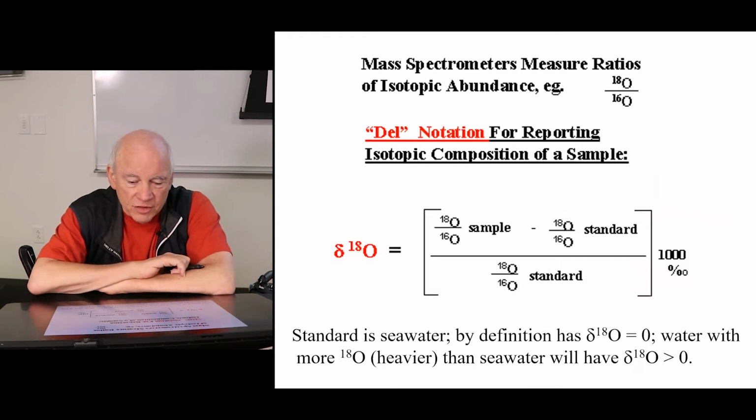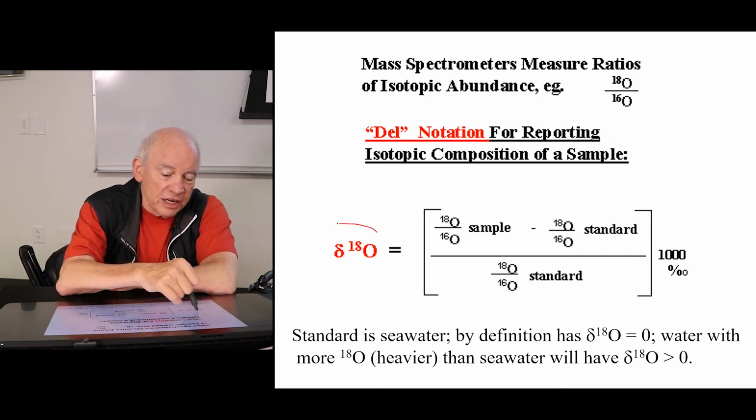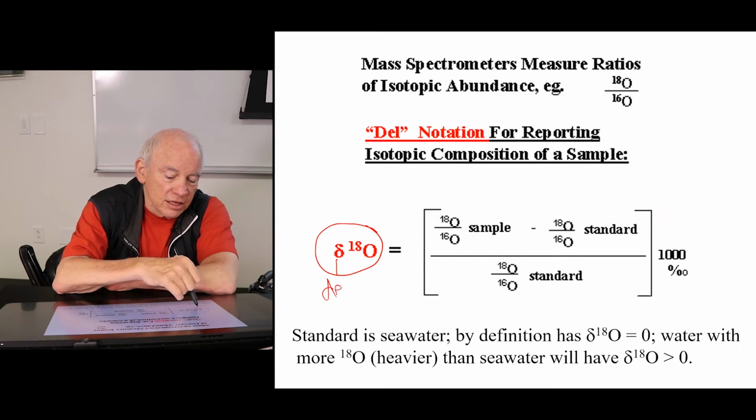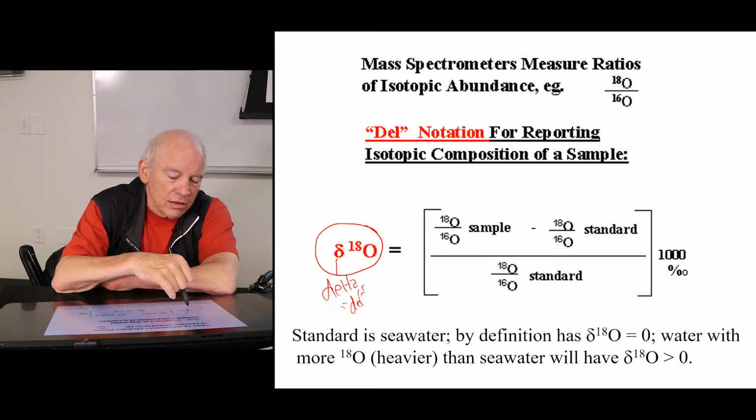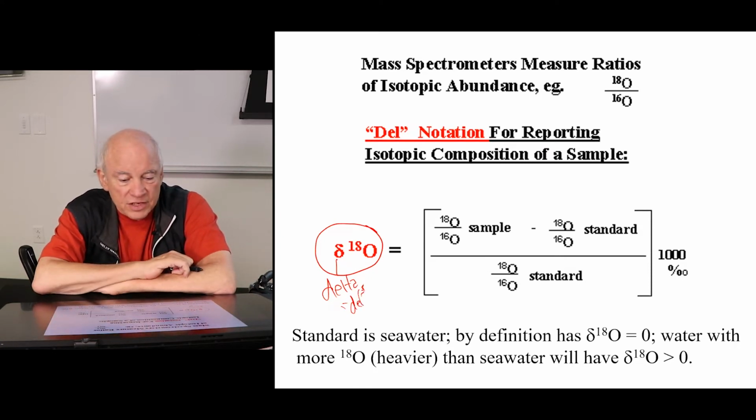Now we talk about this in a way that you don't need to know for the test, but this funny value, this little Greek symbol delta, sometimes called del, is del notation.